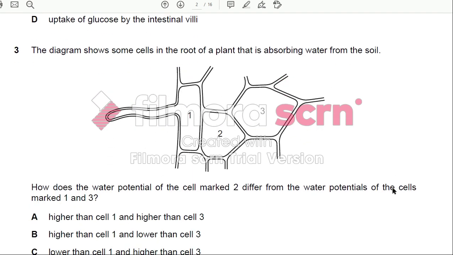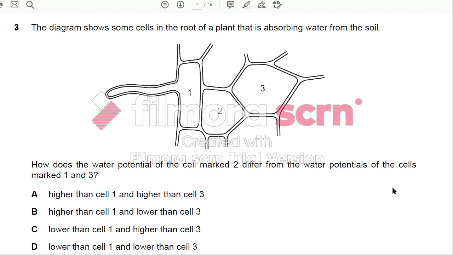Now we move to question number 3. The statement is, the diagram shows some cells in the root of a plant that is absorbing water from the soil. Actually 3 cells are given, labeled 1, 2 and 3. In sequence, first the water will be absorbed by cell 1, that is the root hair cell.